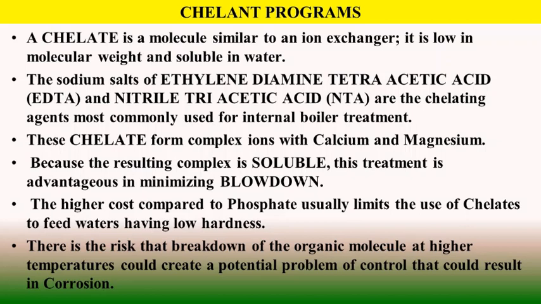Chelate can react with oxygen under boiler water, high pressure and high temperature conditions. Though the cost of this program is high, we have to remember that overfeeding of chelates and concentration mechanisms in the boiler can lead to severe localized corrosion and failure. So we have to utilize this chelate application very attentively.